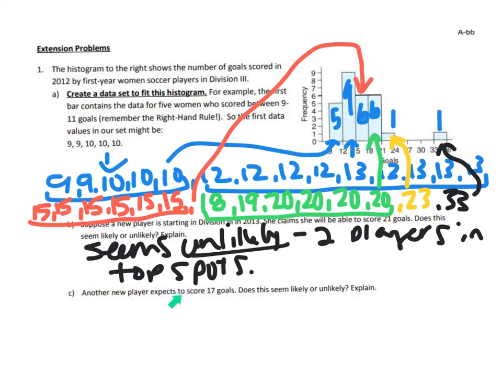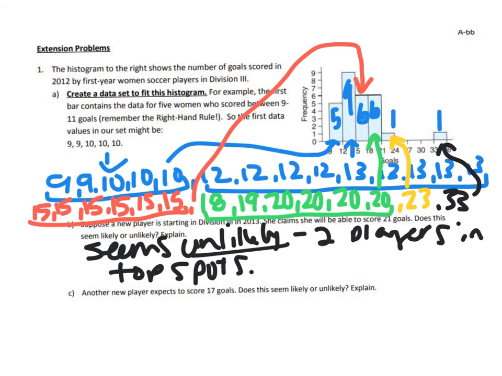But this one says another player scores 17 goals. Does this seem likely or unlikely? So 17, 15 to 18, 17 is in here. So this seems, now depending on what you do in here, this seems more likely because it's in the middle part. So I could have all of these be 17. So if these were all 17, that would be 6 here, a 1, and a 1.